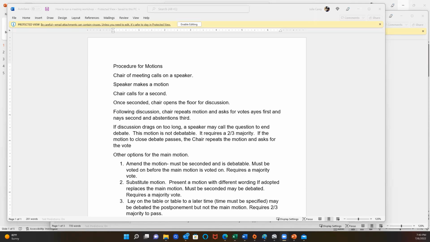The chair presents the minutes, which everybody does differently. When it's the auxiliary, we send them out. And so then you look at that, and then the chair asks if there are any additions or corrections to the minutes.